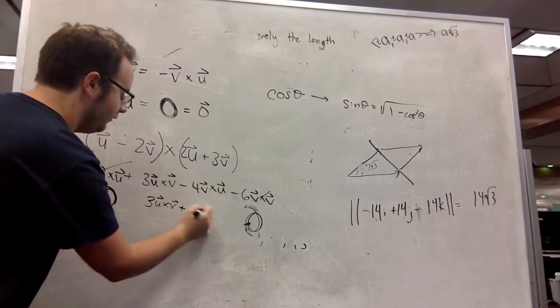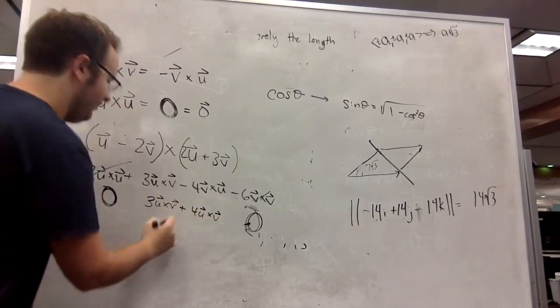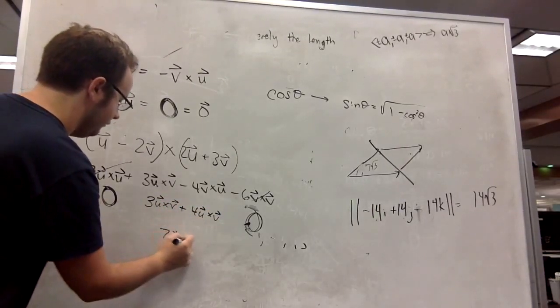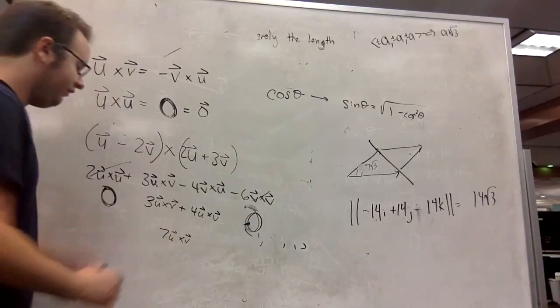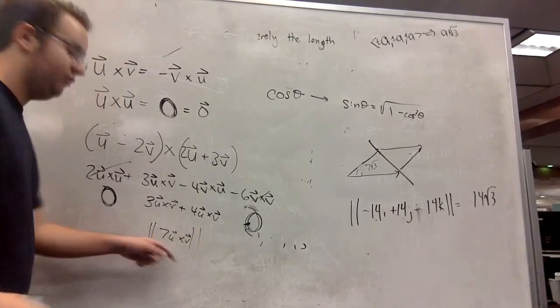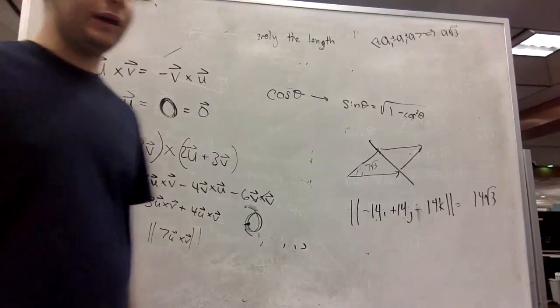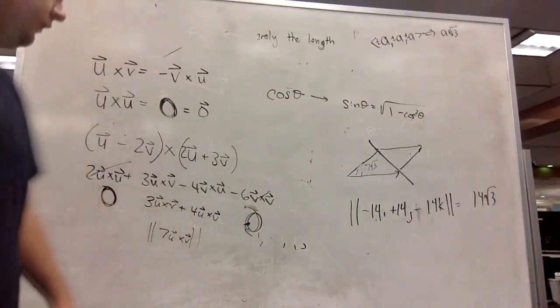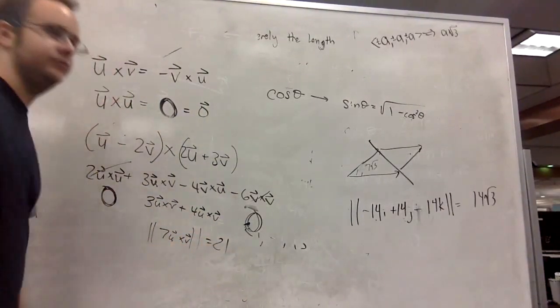Plus 4u cross v makes 7u cross v. The magnitude of this is just 7 times the magnitude of u cross v, which was 3. So this is going to be 21. Are all good with that?